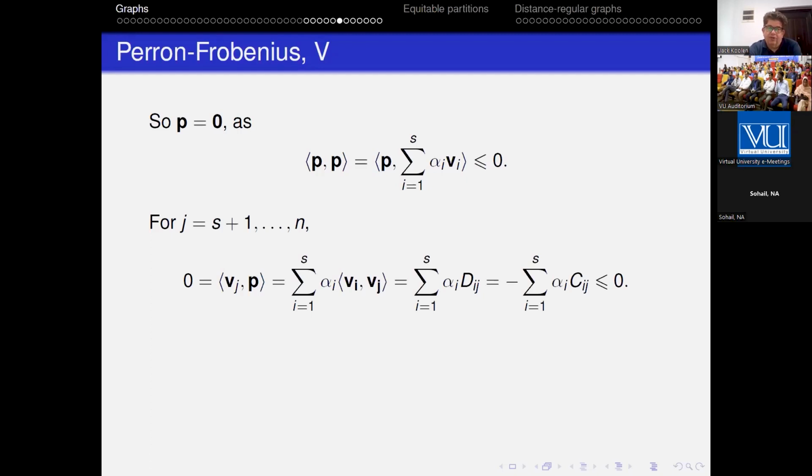Like before, we get this equation, and then we see that something should be smaller or equal to 0. But the main point is that now we get that the sum i is 1 to s of alpha i dij, or what I should say, that the sum i is 1 to s of alpha i cij is 0.